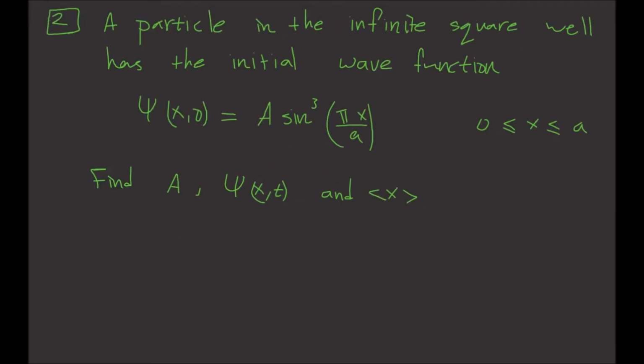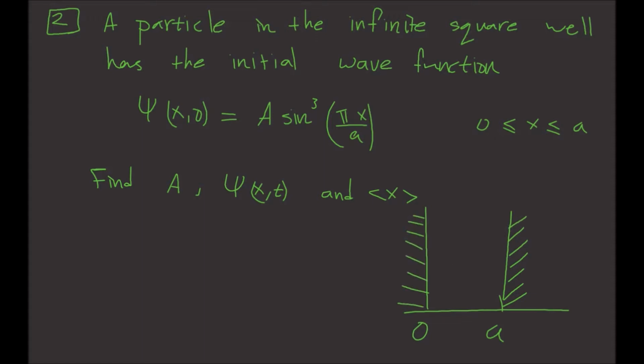Let's look at a particle in the infinite square well with the initial wave function psi of x and 0 equals A times sine cubed of pi x over a. This is if x is between minus a and positive a. So if we look at the potential, this is our potential, this is 0, this is a, it's infinite everywhere else, and the potential is 0 in the middle.